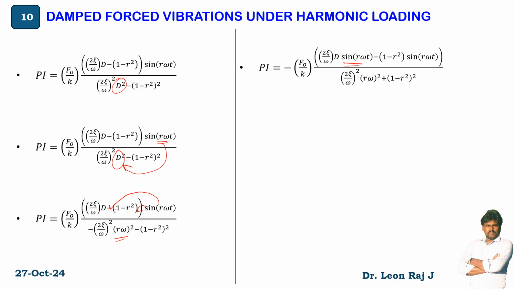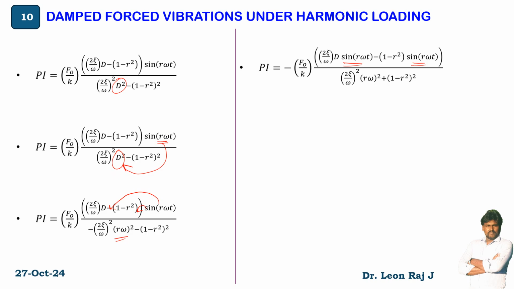So you will get 2 psi omega d in the sine r omega t minus 1 minus r square sine r omega t divided by 2 psi omega whole square in the r omega square. So you have to substitute minus r omega square. So this minus and minus r omega square get to be positive.